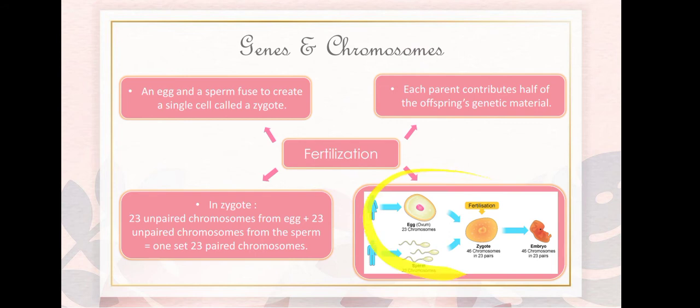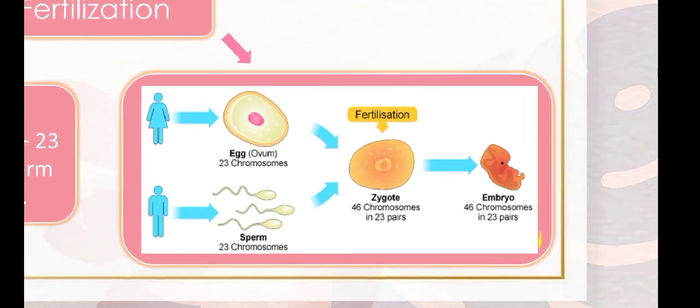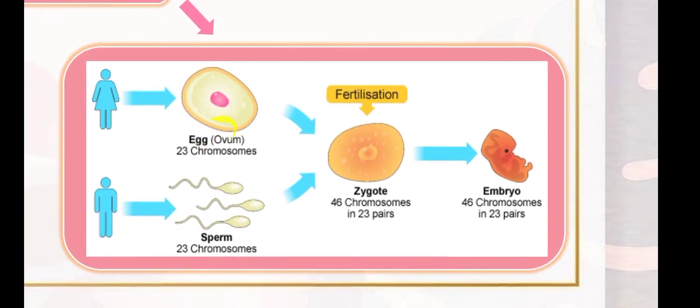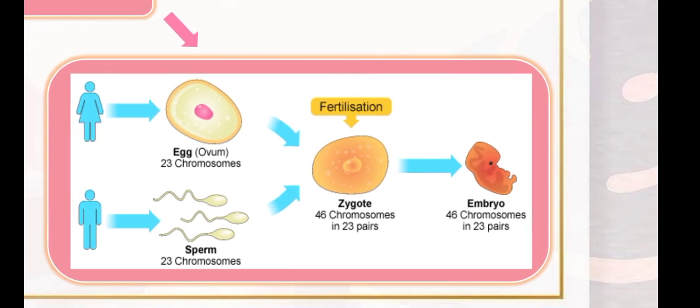So you can look at this illustration. Mother has 23 chromosomes, father has 23 chromosomes, and then they fertilize and become a zygote. So the zygote is a new cell combined from ovum and sperm.